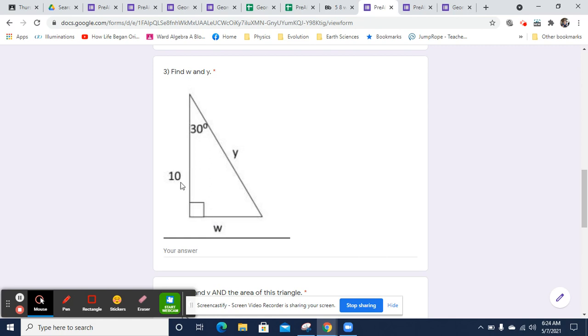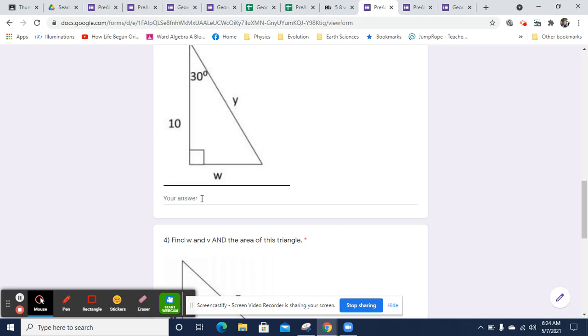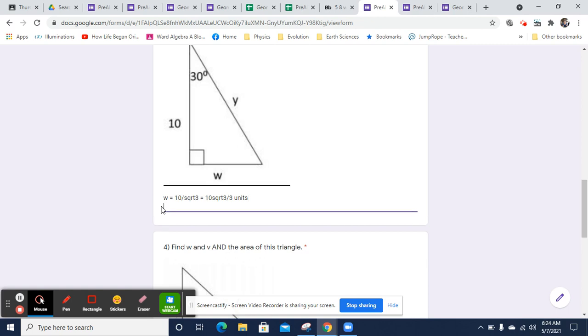So this time we're going to be dividing by the square root of 3, which is the same as multiplying times square root of 3 over 3. So W is going to equal 10 over square root of 3, which will equal 10 square root of 3 over 3 units. And then Y is going to be twice that. So Y is going to be 20 square root of 3 over 3 units.